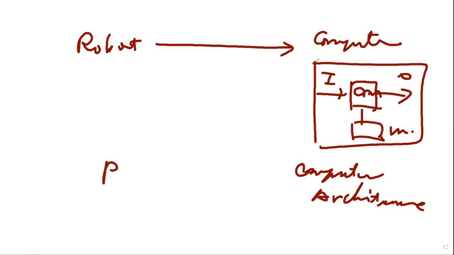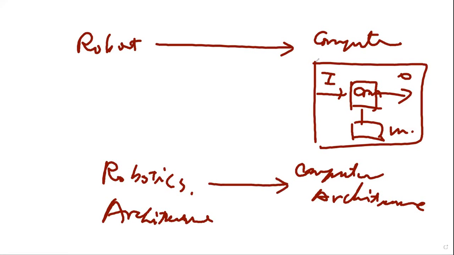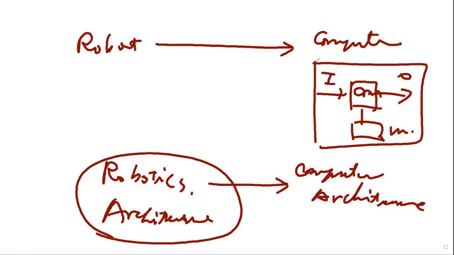So here we learn robotics. Robotics is actually the architecture of the robots, a more advanced version of computer architecture. That's how I look at it: robotics is the computer architecture of your robots.